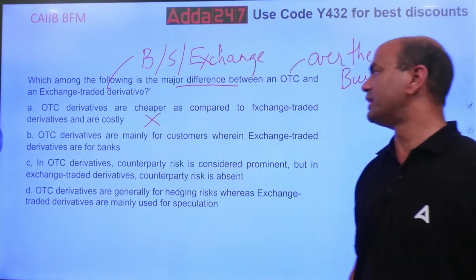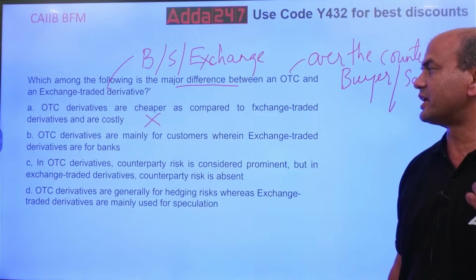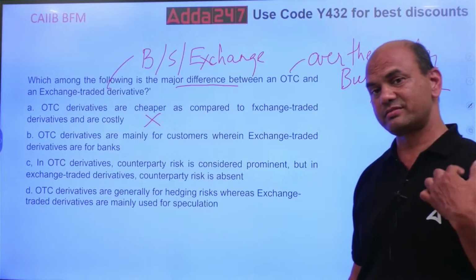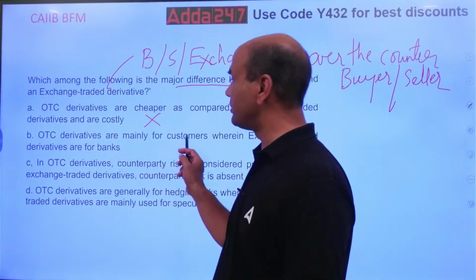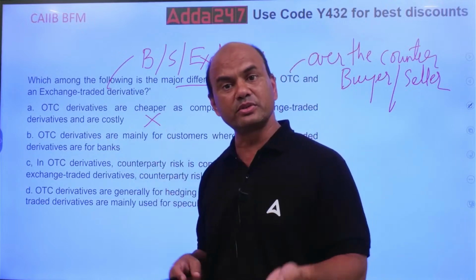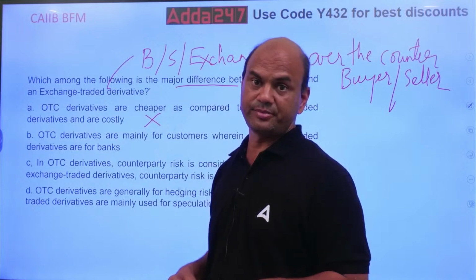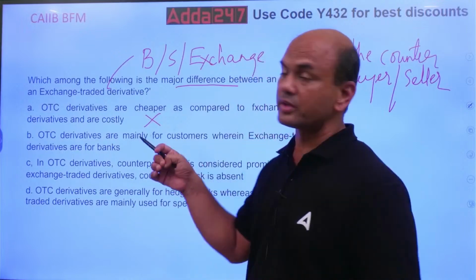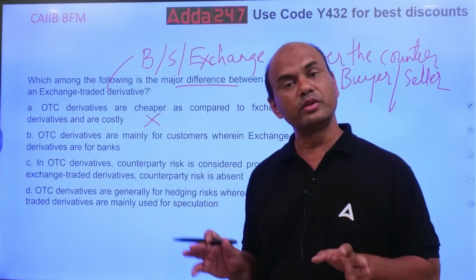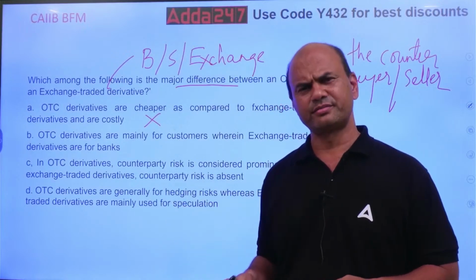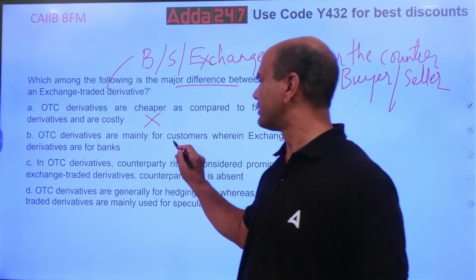OTC derivatives are mainly for customers, whereas exchange traded derivatives are for banks. You mean to say OTC is dealt with customers only, it can't be with the banks, and exchange traded are for the banks, customers can't deal? Is it so? Nothing.